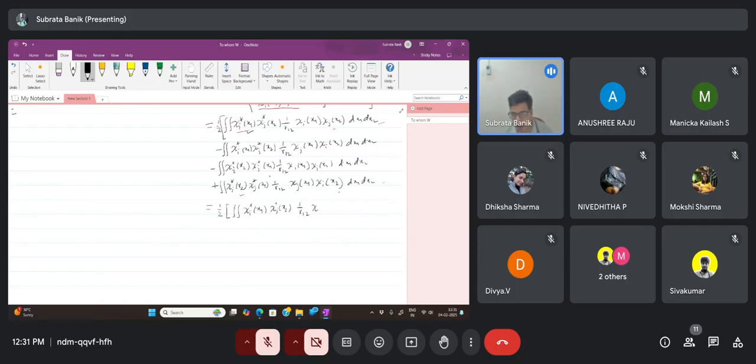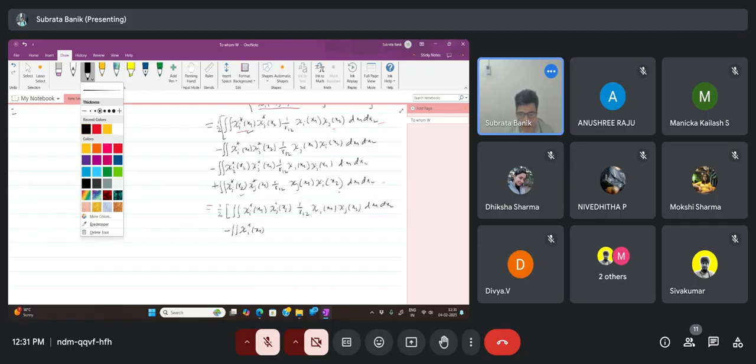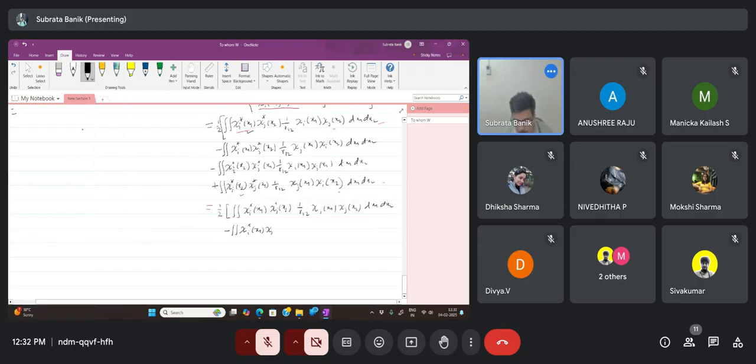The first two terms I will write as they are, and then I write like this: chi i star of x1, chi j star of x2, 1 upon r12.